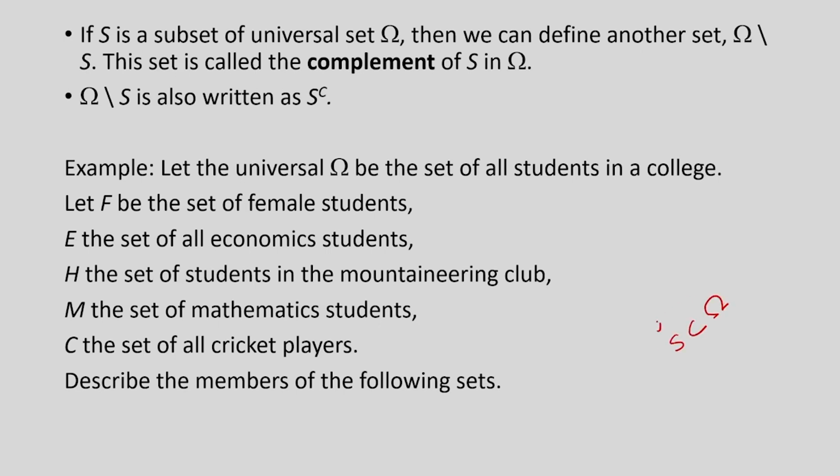So, this is the subset and this is the universal set. Then we talk about that set which is within gamma, but which is not an element of S. So, this is that set gamma minus S, right.